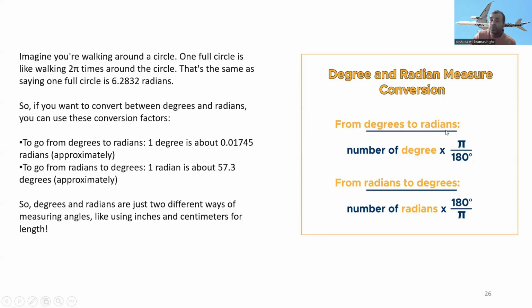This is the degree and radian conversion. When you want to convert degrees to radians, multiply the number of degrees by π divided by 180 degrees, and from radians to degrees, multiply the number of radians by 180 degrees over π. This is the normal calculation formula.